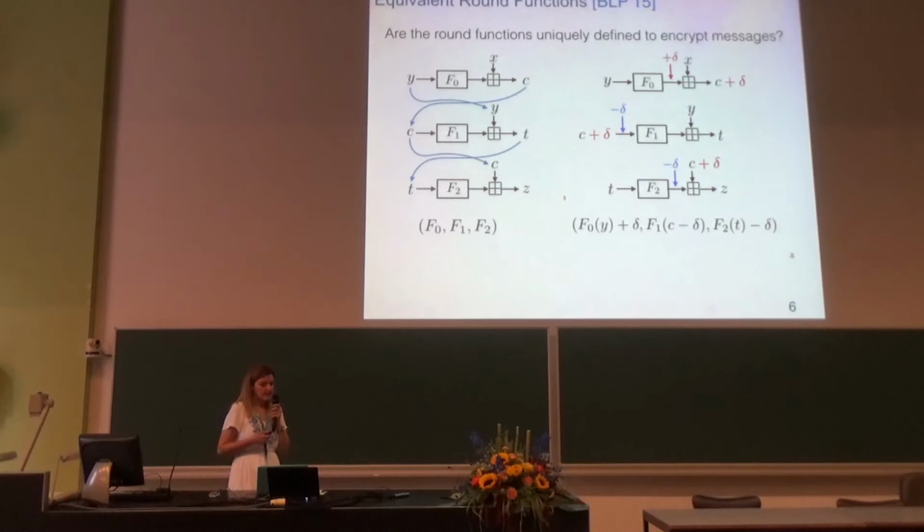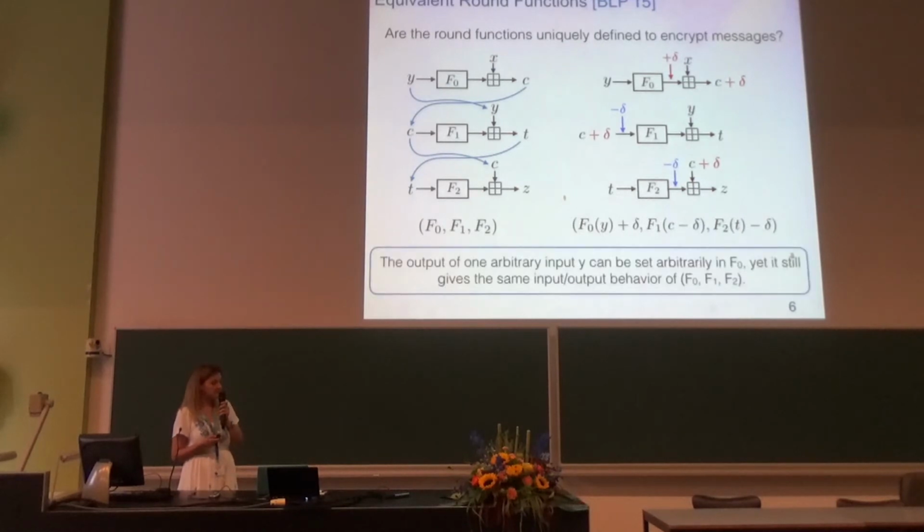All I'm trying to say is that these two triples have the same behavior of encrypting XY into ZT. And this is not only for 3-round Feistel networks; we can generalize it to an arbitrary number of rounds. You probably have to believe me because it's a bit counterintuitive. But what I'm trying to get at is that this gives some power to the adversary.